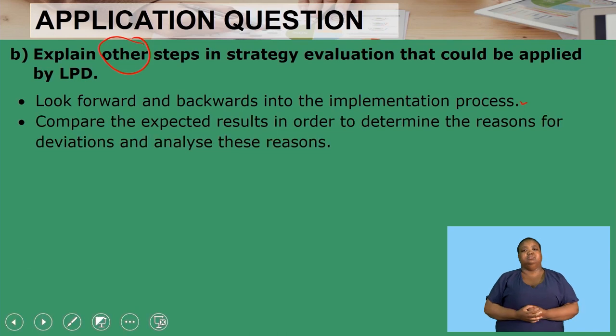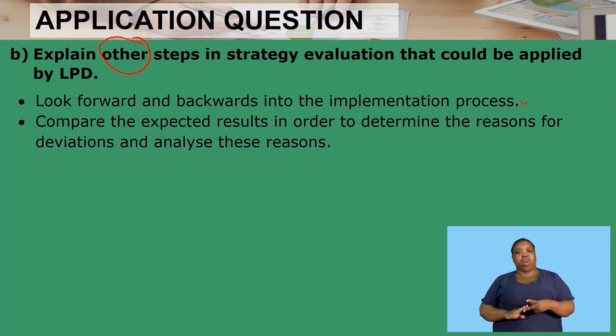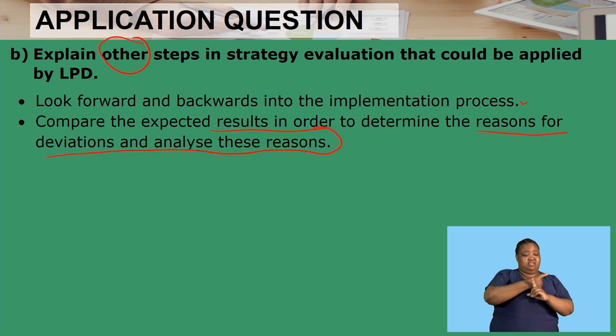Right, the second step, compare the expected results in order to determine the reasons for deviations and analyze these reasons. Remember, when you devised the strategy, you knew the goal, you anticipated what you want to achieve as a business. So we're expecting to achieve these results.